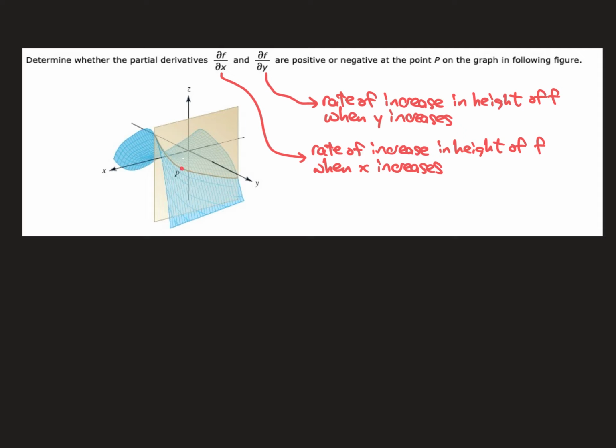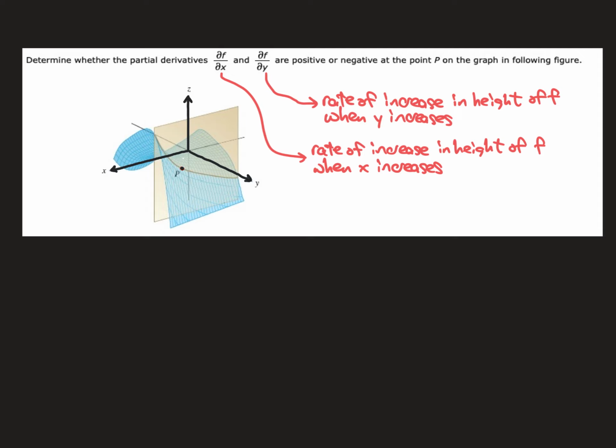Now, the first thing that we need to do is remind ourselves of the conventions that x, y, and z increase in the direction that the arrows on the axes point. So, in other words, they increase in the directions that I'm pointing here.